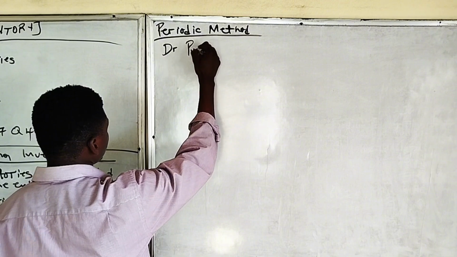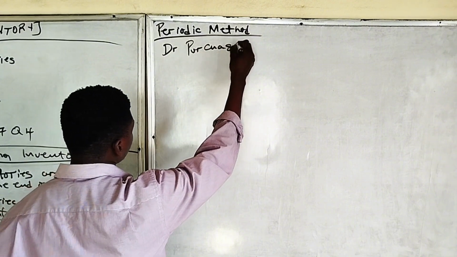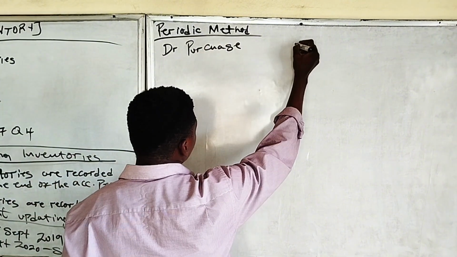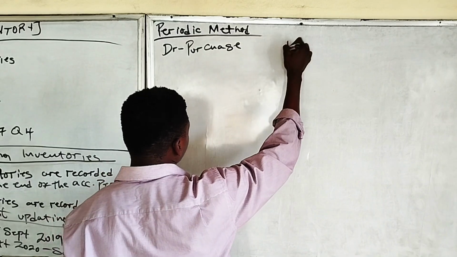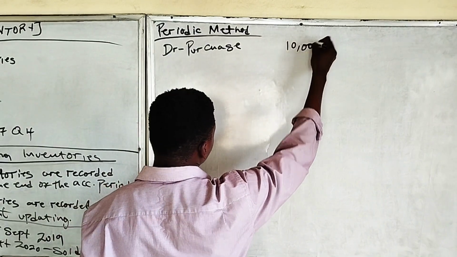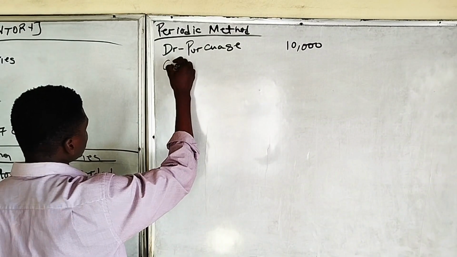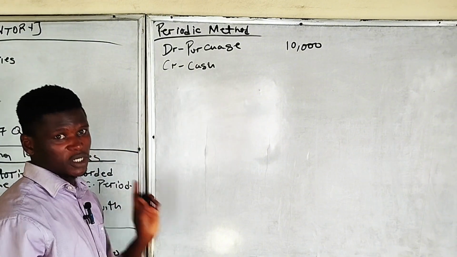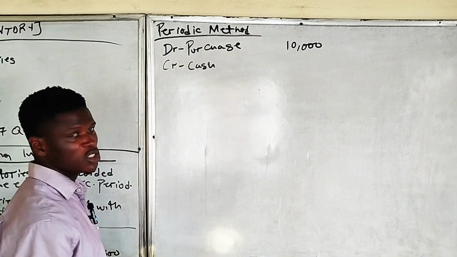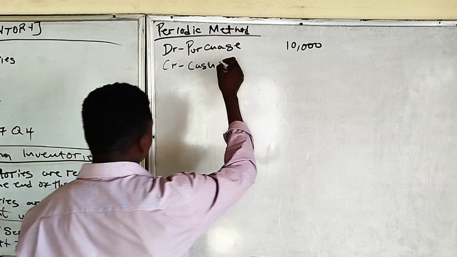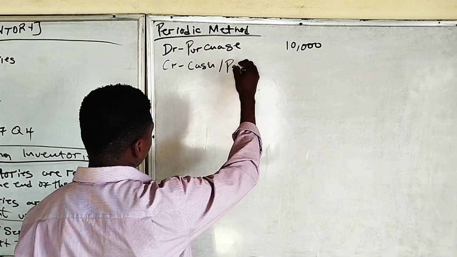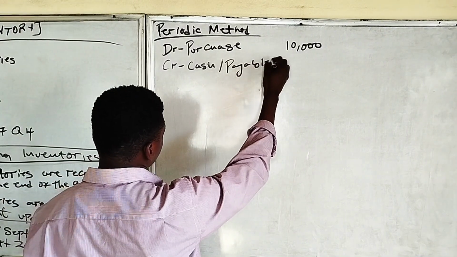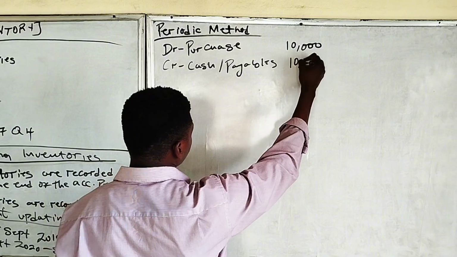So we'll debit purchases 10,000, and then we'll credit cash if we paid in cash, or if we purchased on credit, payables, which is 10,000.